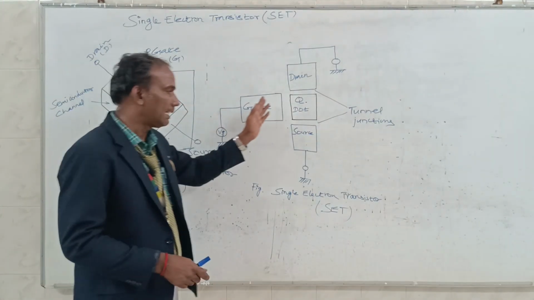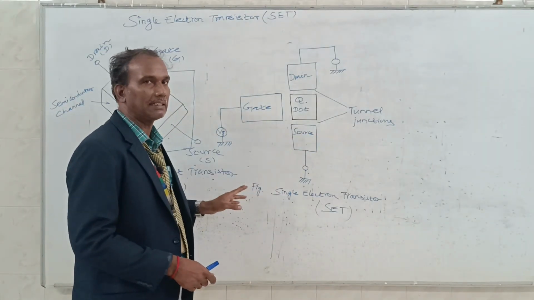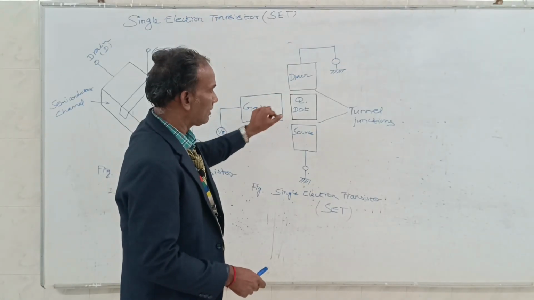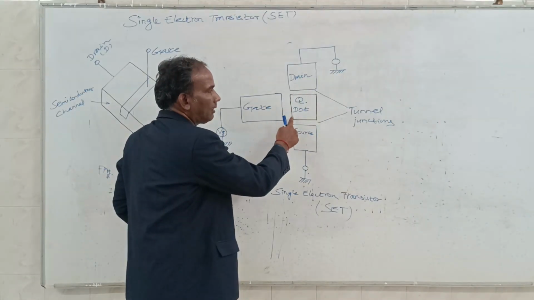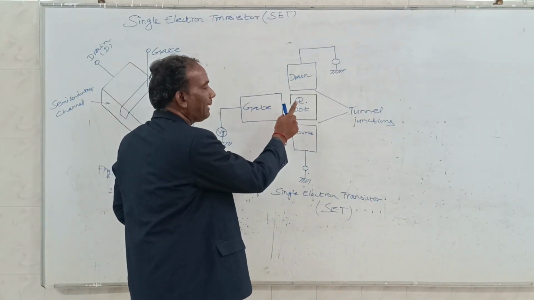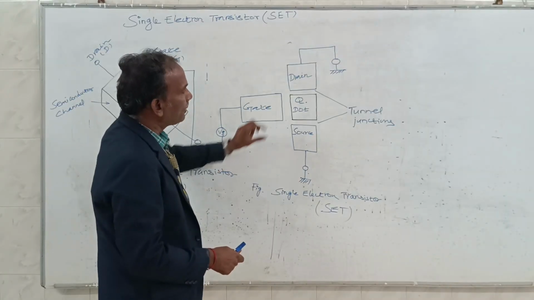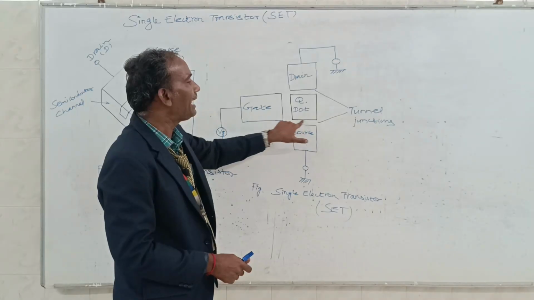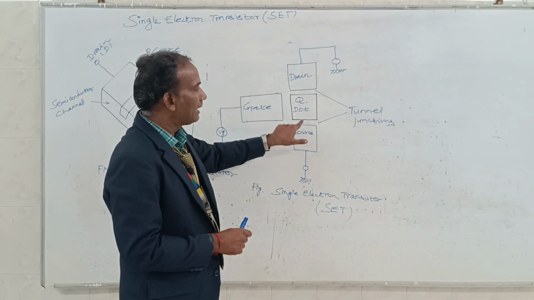Coming to the single electron transistor, here we have a block diagram. The central part of the diagram is the quantum dot, Q dot, also called an island. The quantum dot is placed between the source and the drain. In between the quantum dot and the source, we have a thin insulating material, called a tunnel junction.